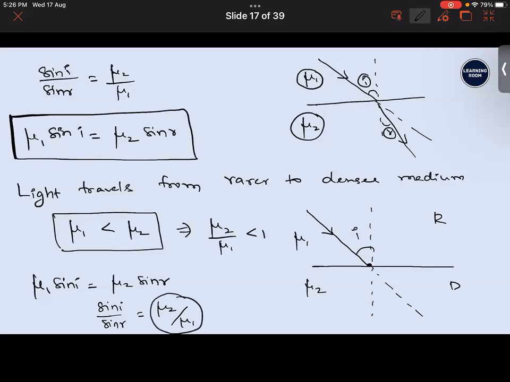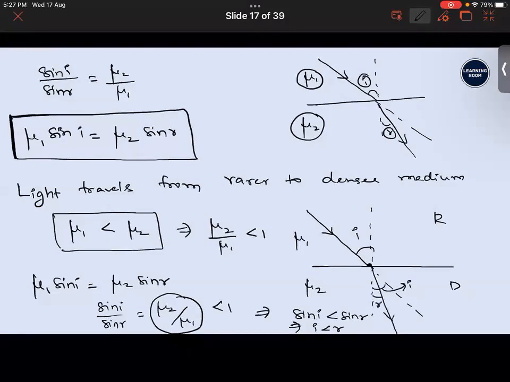So here mu2 by mu1 is less than 1, which implies sin I is less than sin R, or I can also conclude that I is less than R. When that is the scenario, then this angle will also be I, and the refracted ray should take such a path that it is always less than I. That is the reason why it starts bending towards the normal.